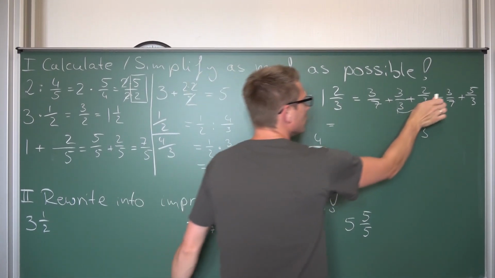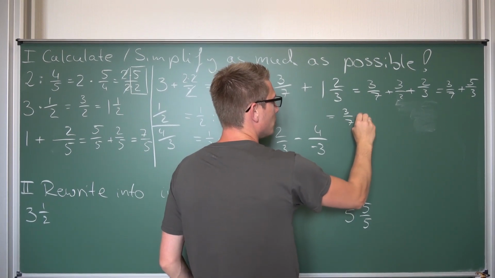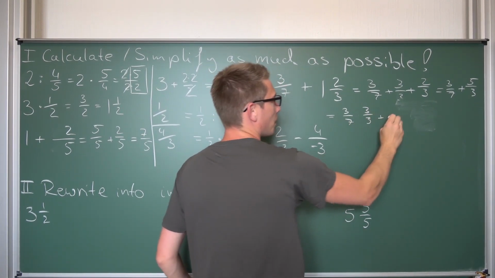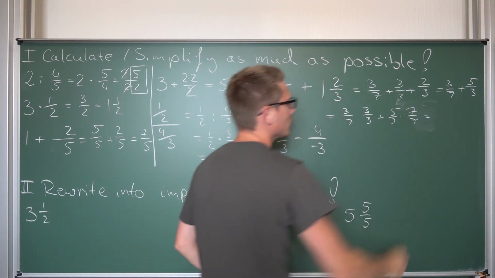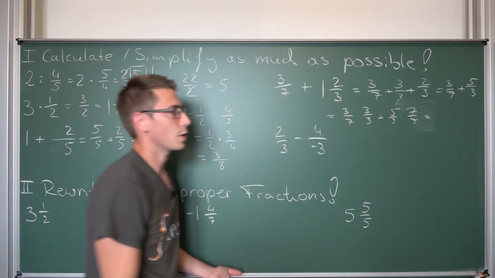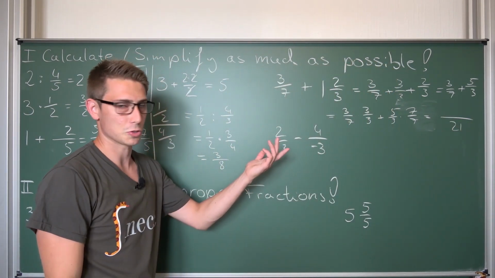Leaving us overall with 3 over 7 multiplied with 3 over 3, plus 5 over 3 multiplied with 7 over 7. Common denominator is going to be 21. This is what we have just gathered. 21 is the least common multiple of those two numbers.